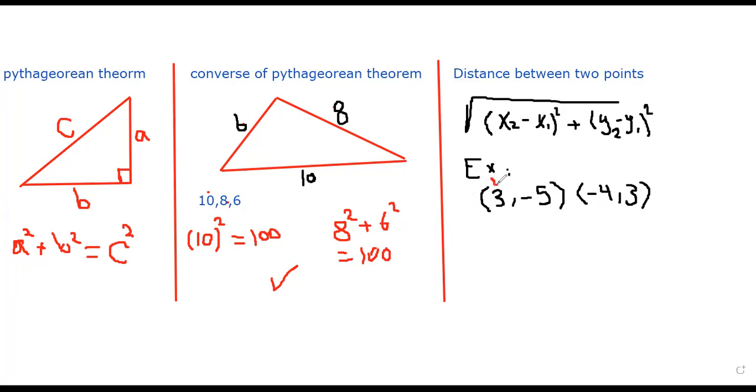So this is x1, y1, and this is x2, y2. Right? So we have x1, y1, and we have x2, y2. Who will tell me the answer? Calculate it and tell me the answer, please. -4 minus 3. Okay, then the square root, don't forget.